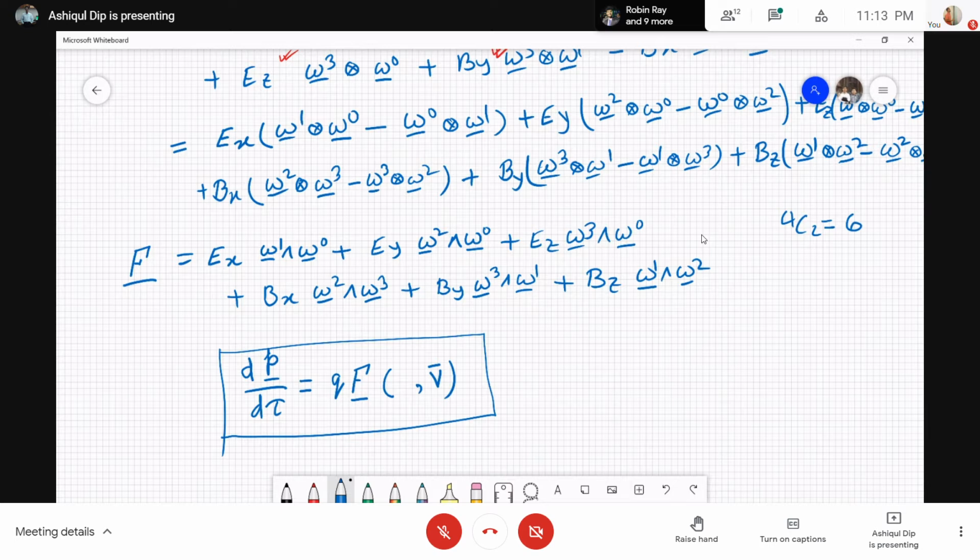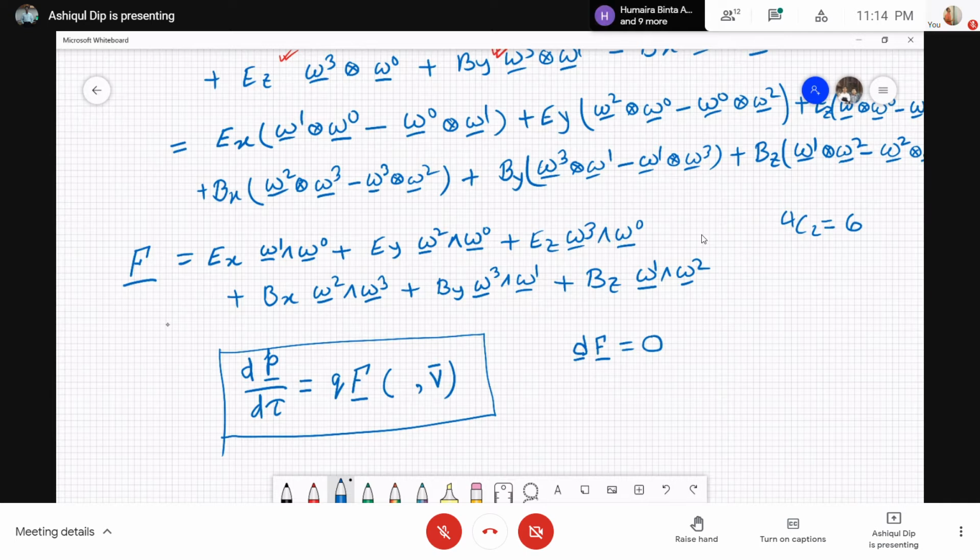But how F varies in time comes from Maxwell's equations, and that will have more interesting facts in it. For Maxwell's equations we'll have 2 results. The homogeneous Maxwell's equation, which doesn't have any source term, will be like this: if we take an exterior derivative on F, that becomes 0. That's 2 of the Maxwell's equations.